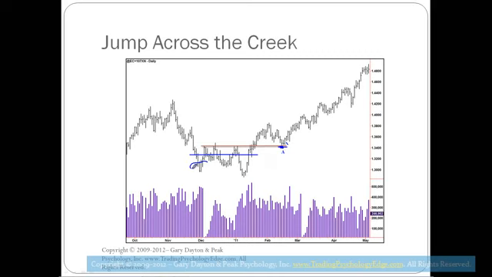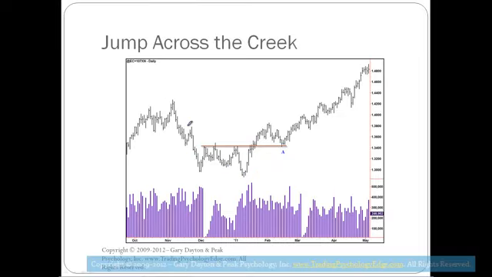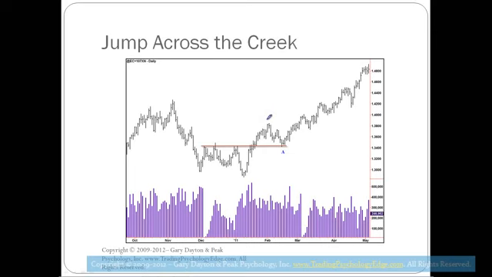They buy in here, and in here, and in here. So they move the market up and down in the trading range. This is probably the best trade setup, and sometimes we'll see this as a first higher high. In fact, this is a first higher high here, where we jump up across this creek of supply.